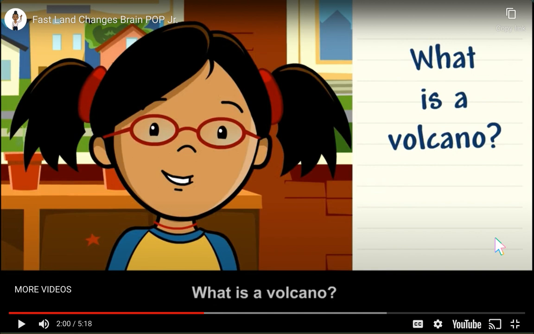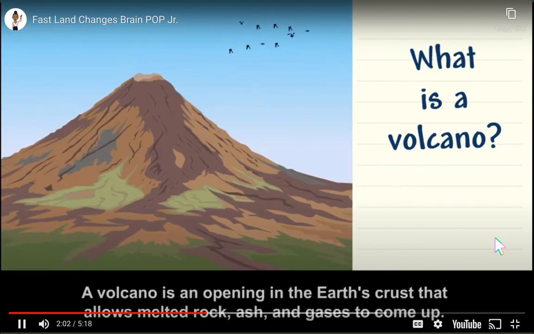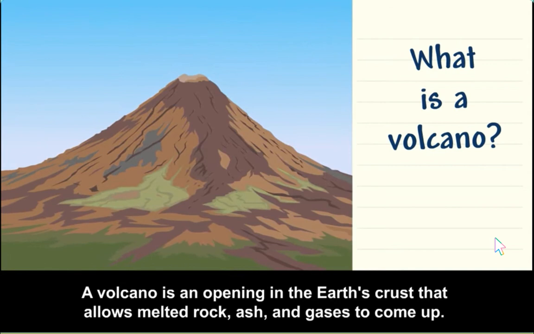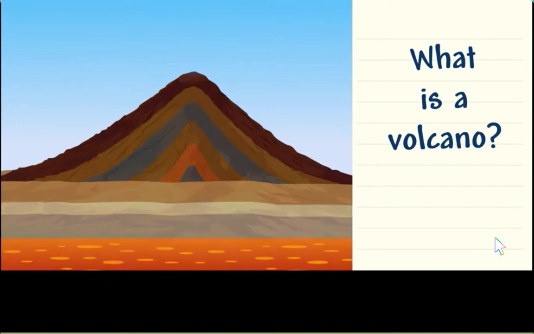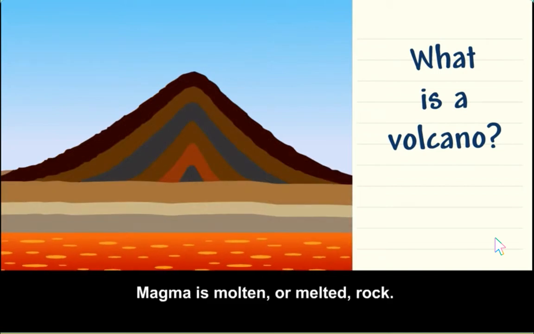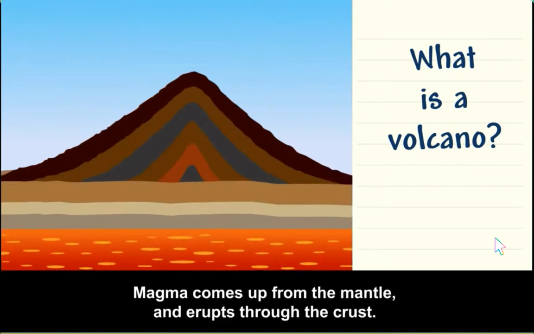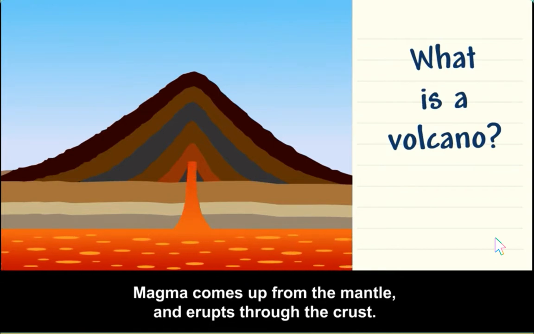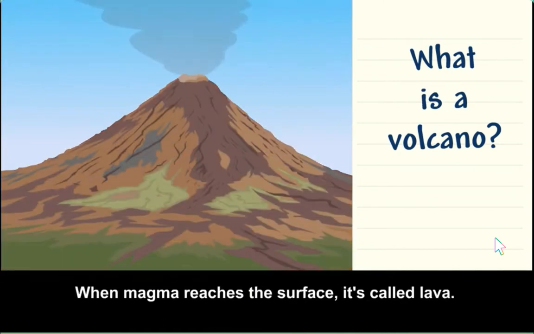answer. A volcano is an opening in the Earth's crust that allows melted rock, ash, and gases to come up. Magma is molten or melted rock. Magma comes up from the mantle and erupts through the crust. When magma reaches the surface, it's called lava.